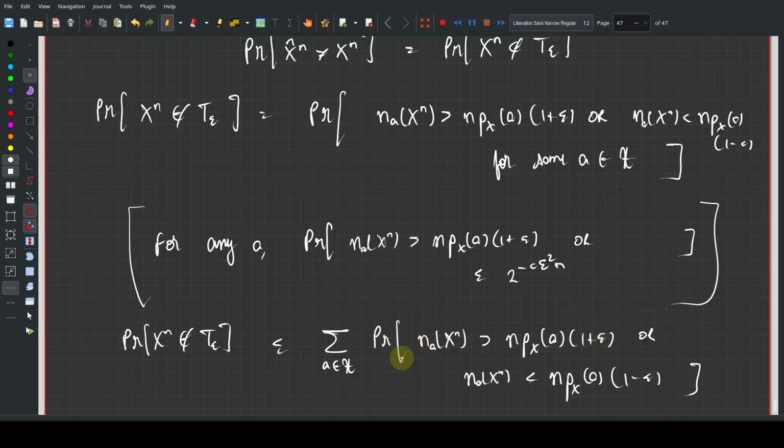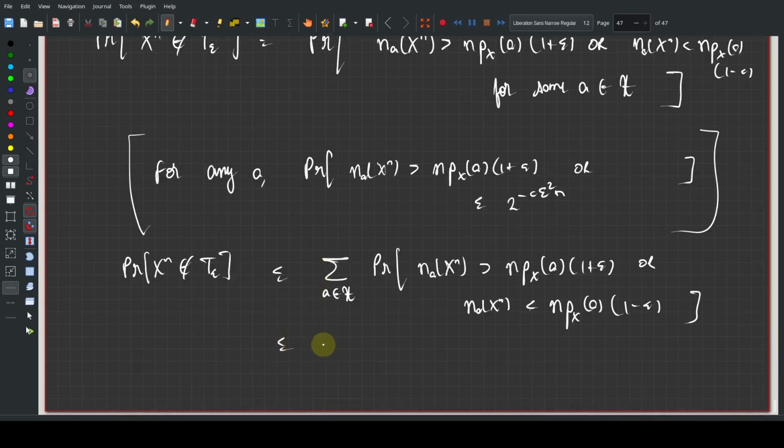And this is less than or equal to the size of X times 2 to the minus constant times epsilon squared n.